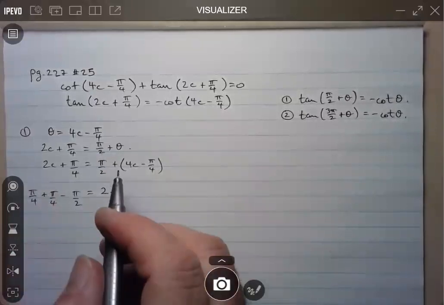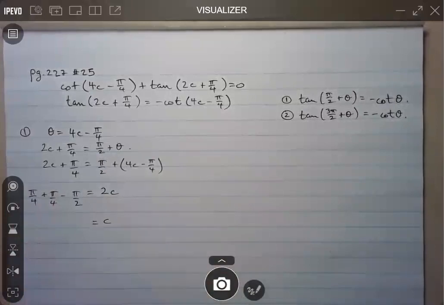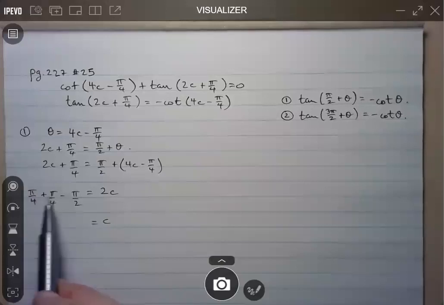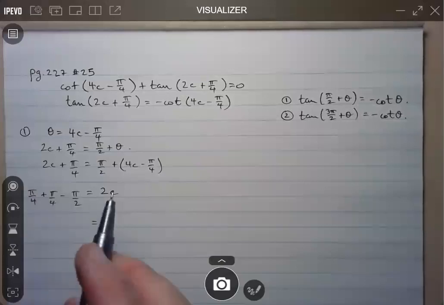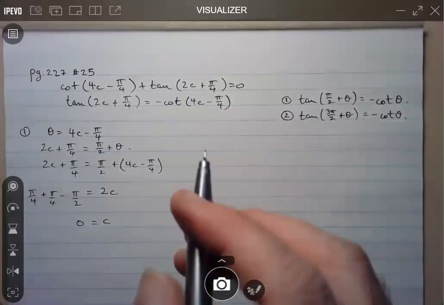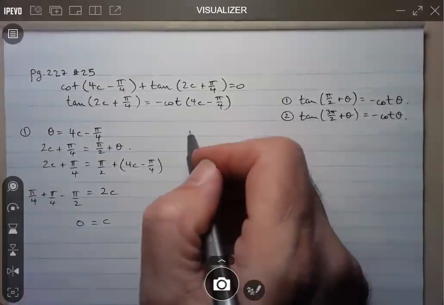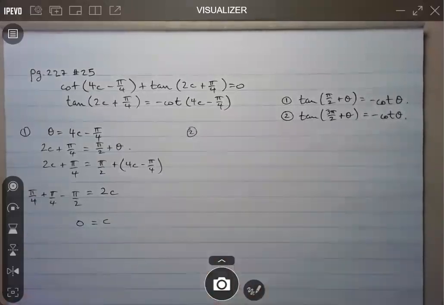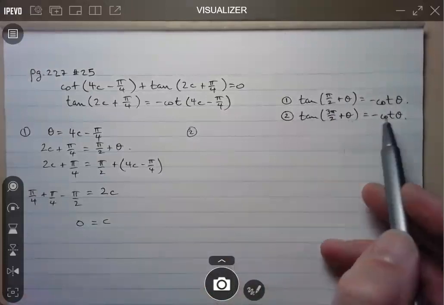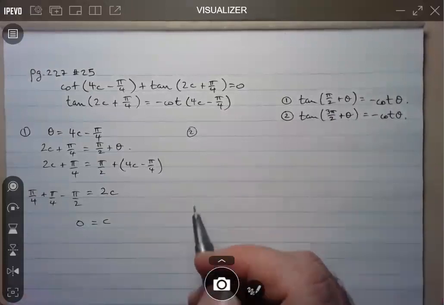Okay, so it looks like one possible scenario is that we have pi over 4 plus pi over 4 is exactly equal to pi over 2, minus pi over 2 is 0. Okay, but that's just one possible situation. If I wanted to look for another answer, even though they didn't ask me for it, I can now use this second identity here.